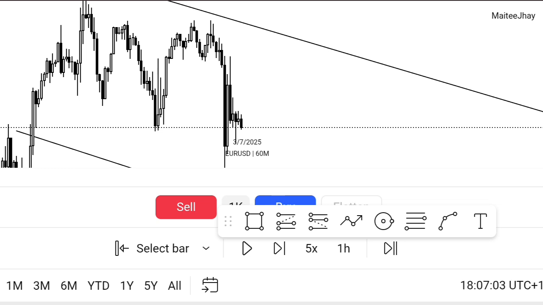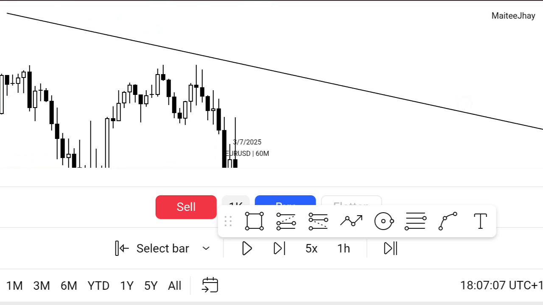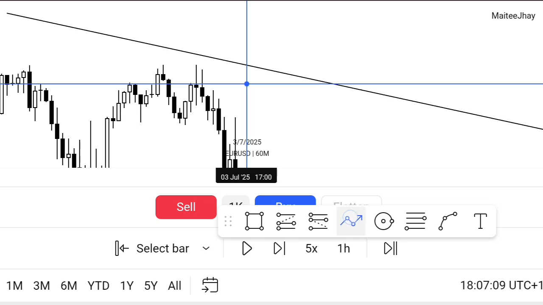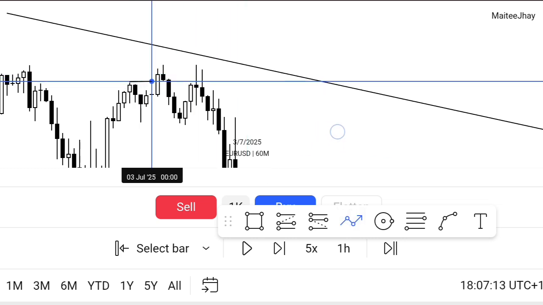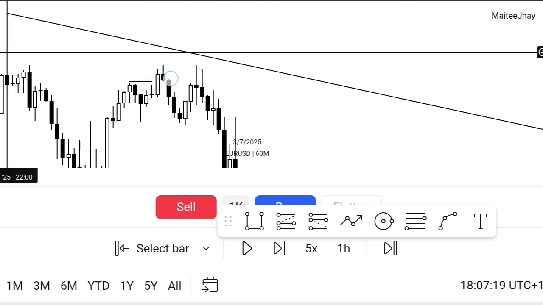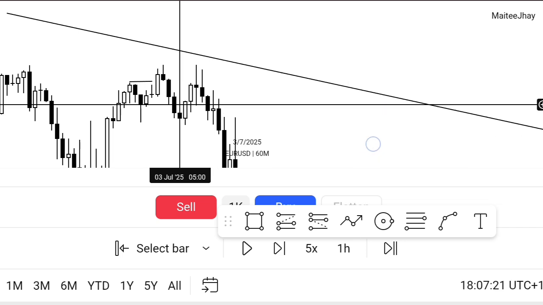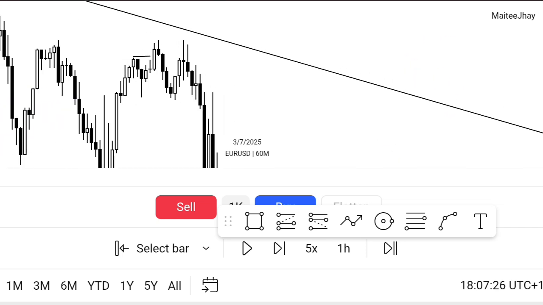So here, since we already know that this market is in a downtrend, we can clearly spot a sweep. Here is our sweep like this. This is where the market swept and grabbed liquidity here. So we are looking for our break of structure and MSS.